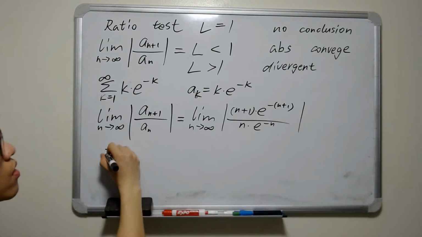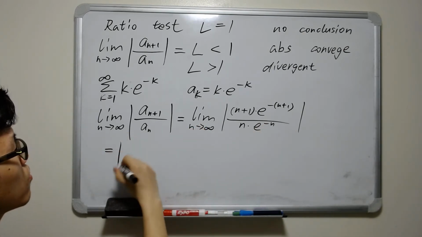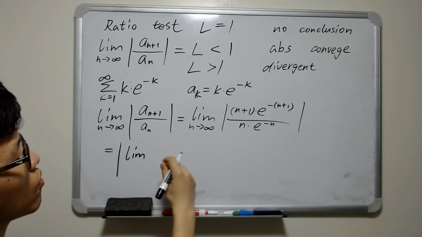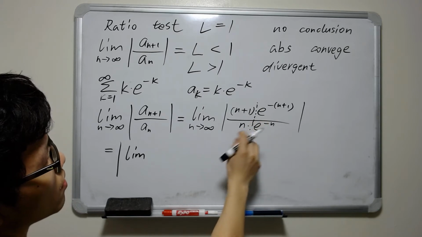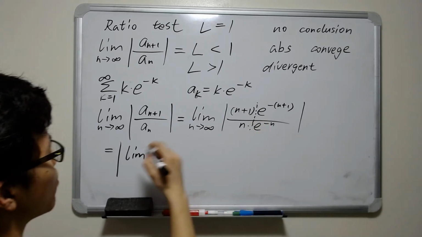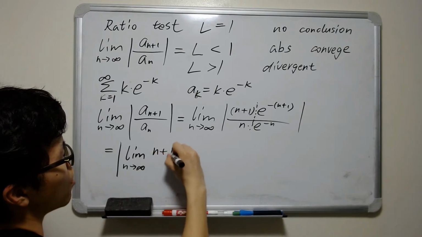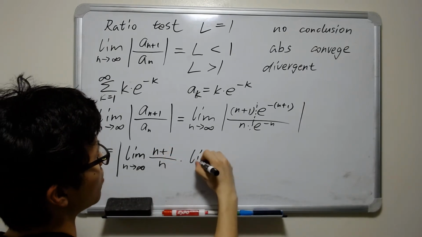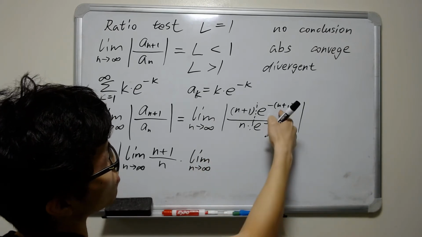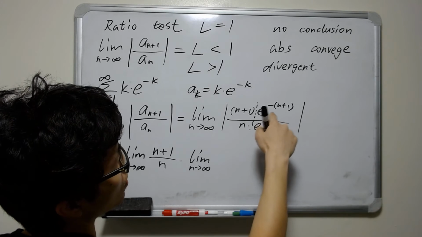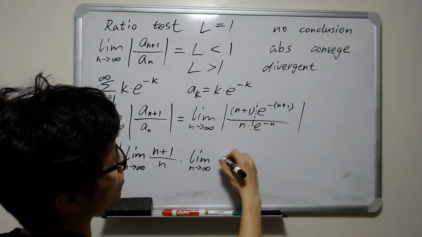Okay, so I can just distribute the limit inside. I split this function inside the absolute value, so I take the limit for the first piece, and then take the limit for the second. So I can simplify them. So this one is e to the negative (n plus 1) over e to the negative n, which is e.